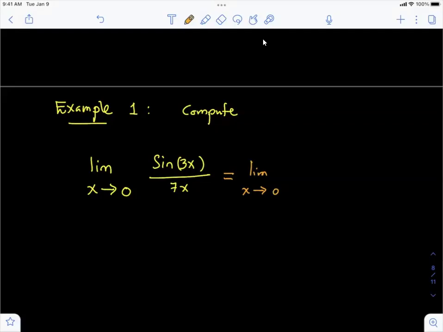I will hold it for later. When I compute this, look at this, sine 3x is an untouchable component no matter what. However, what you can see here is 7x. You can separate that component. In other words, you can bring this one as a 1/7 factor in front of that fraction.